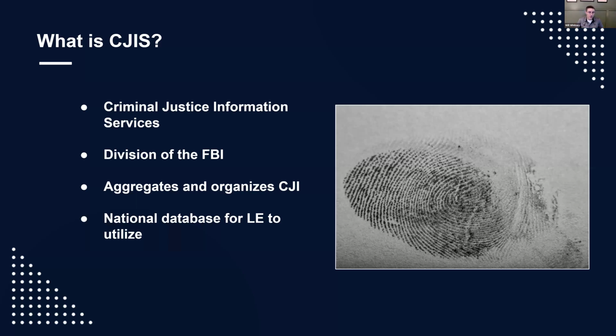Now it is a lot more difficult, of course, but you're wondering, how do they not share this information? Was there not a way for the different agencies to share information? That's kind of how I like to think of CJIS: if you're following the security policy, which we'll go into a little bit, you will have access to this national database, so law enforcement agencies across the country can utilize each other's information to help out with cases and things of that sort. That's how I like to look at it, just from a layman's perspective.